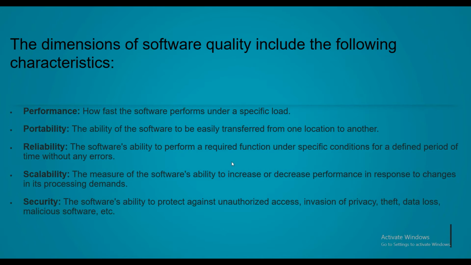The 11th is security, which is very important: the software's ability to protect against unauthorized access, invasion of privacy, theft, data loss, malicious software, etc. And there is testability, how easy it is to test the software, and usability, how easy it is to use the software.